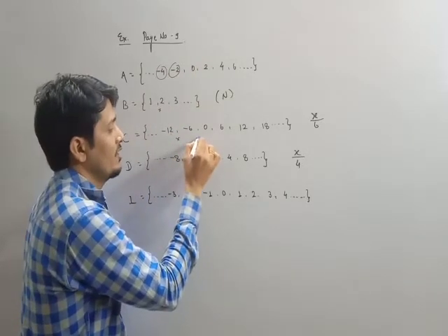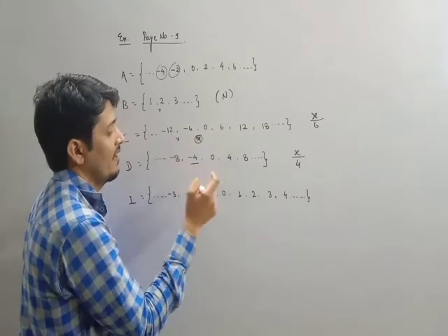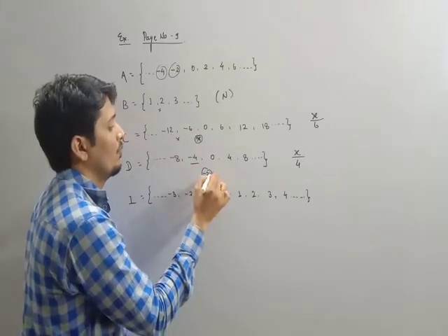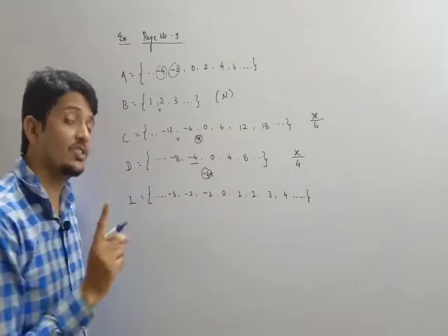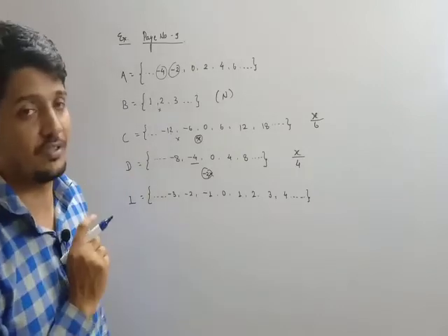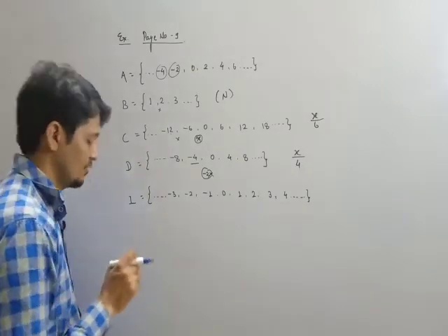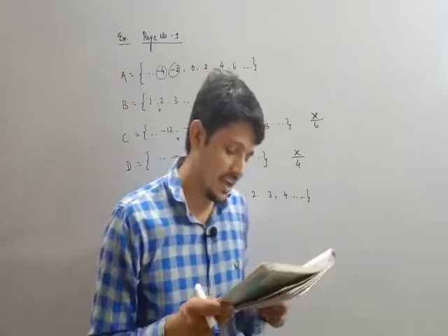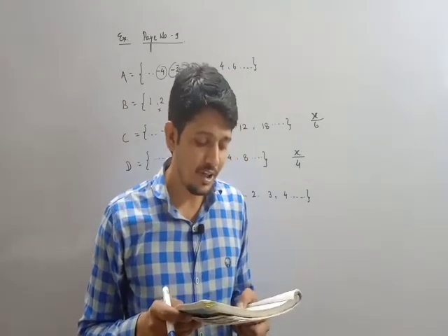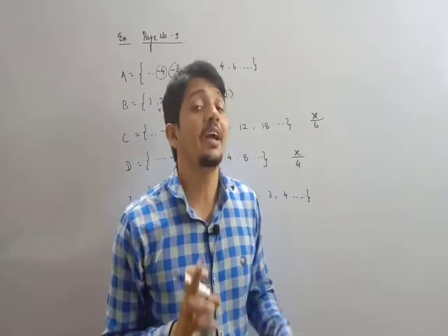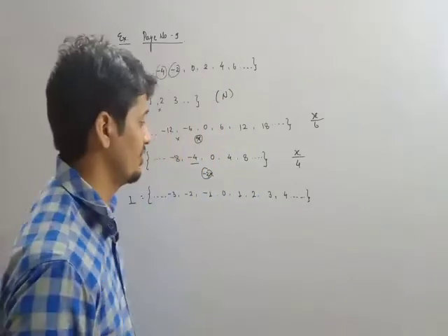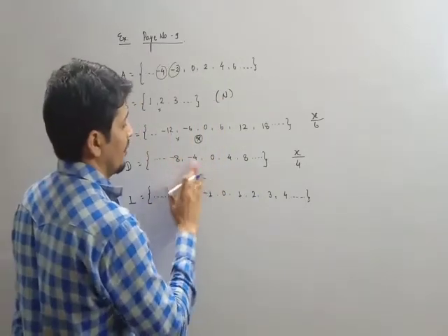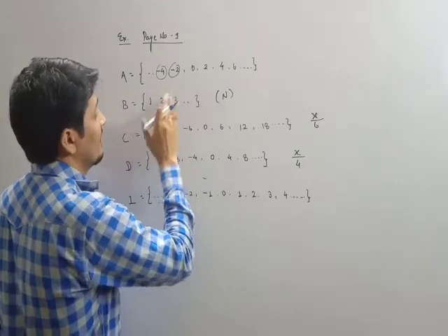Here also -2 is not present, and here also -2 is not present. That means the first statement is false. So we can say A is not the subset of sets B, C and D. It is a false statement. So the first statement is done.